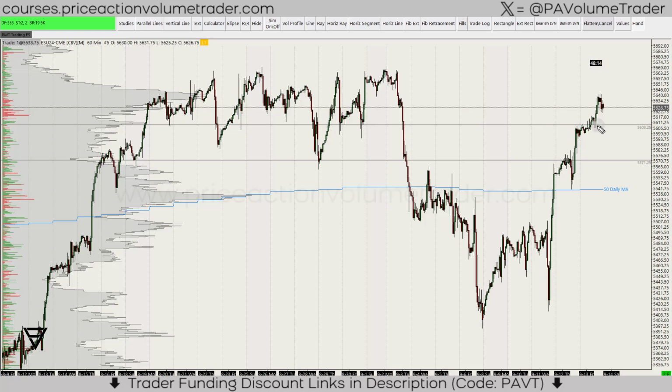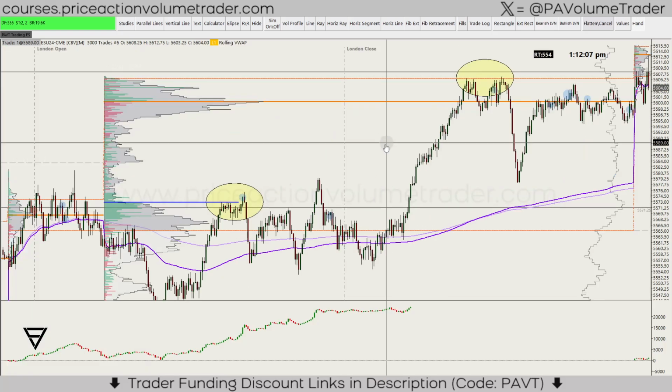And then we're going to look up into this area as well, the 56.0825, which you can see was a very significant area where we had a lot of very precise touches in the past.